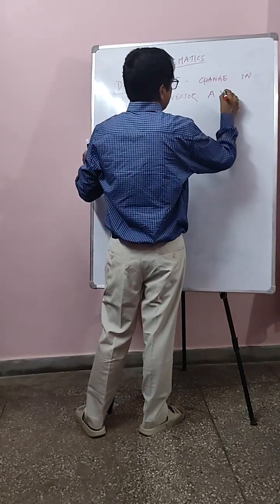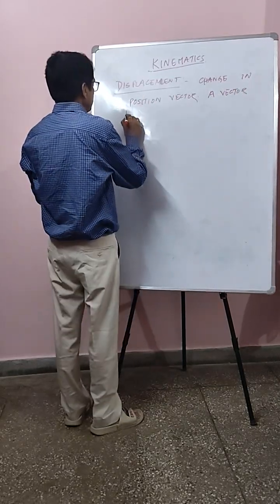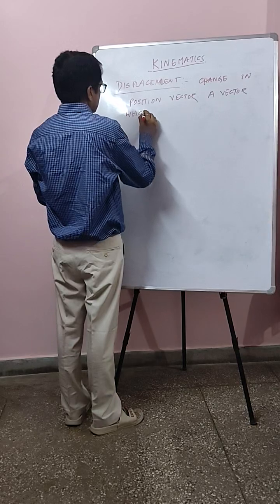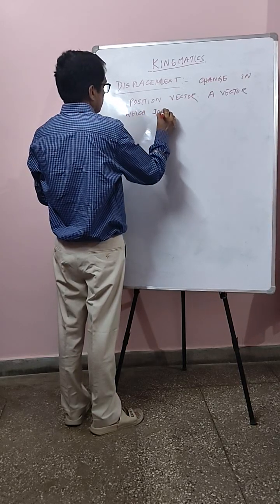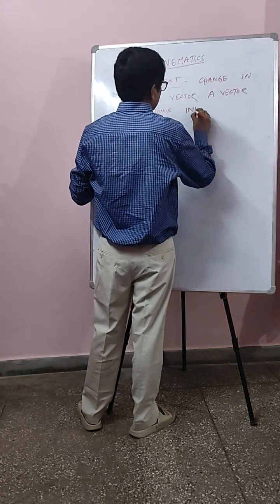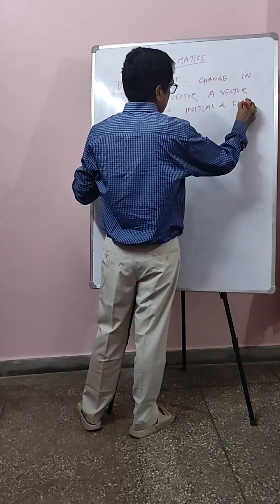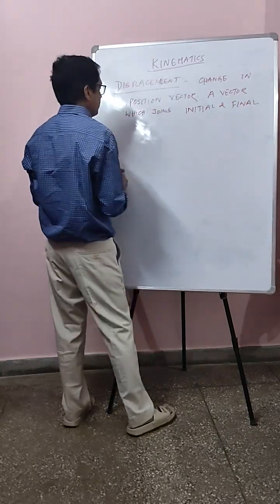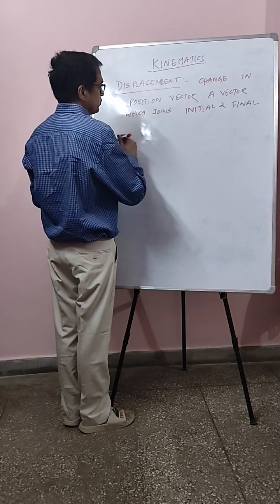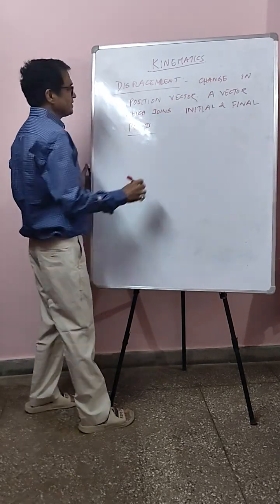A vector which joins initial and final points. This is displacement.